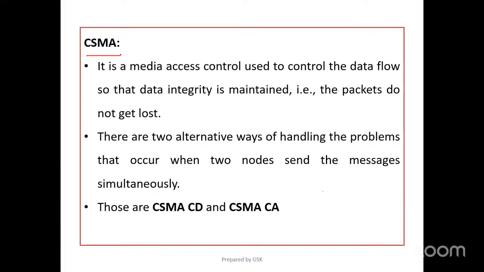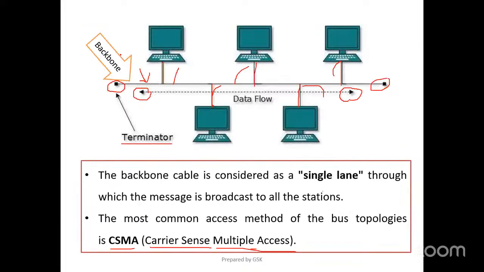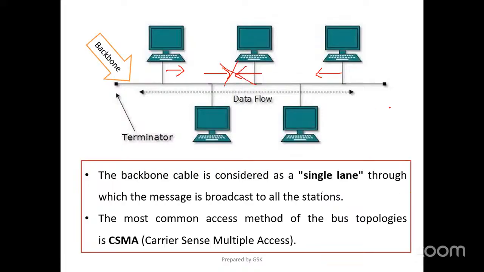And there are two alternative ways of handling the problems that occur when two nodes send messages simultaneously. If we observe this image, for example, if this node is trying to send data, and at the same time this node is also trying to send data, there is a chance of collision, right?